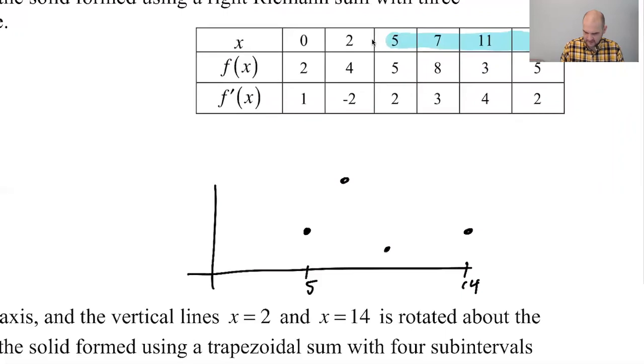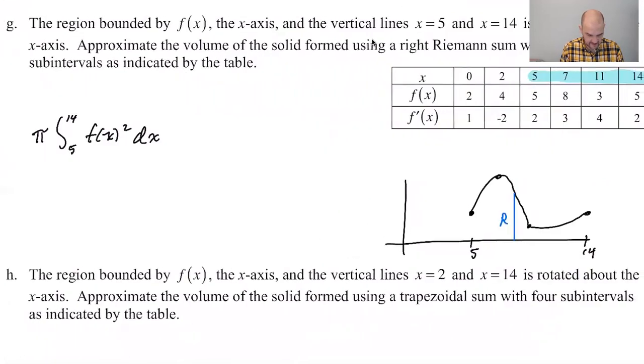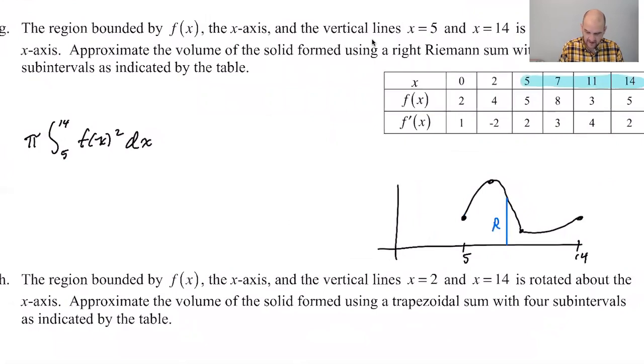Let's just put a function, something like that. And that's what we're rotating. We have our radius, and the radius is always just going to be f of x. So how do we do this? I'll tell you what I think the easiest way to do this is. We're doing pi, the integral from 5 to 14, the radius squared dx.